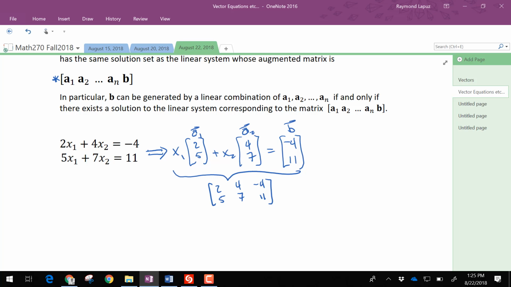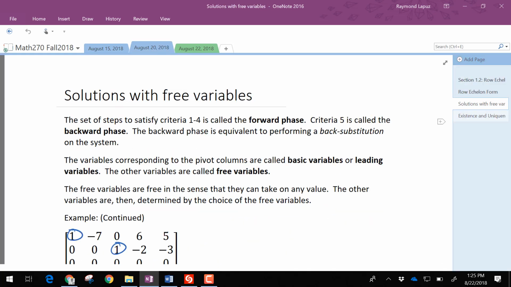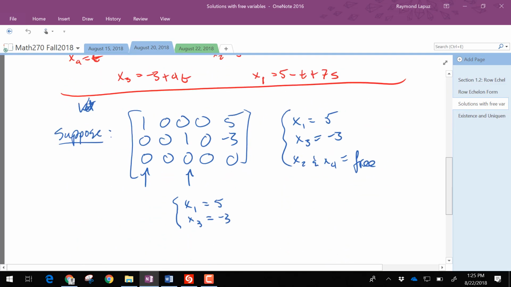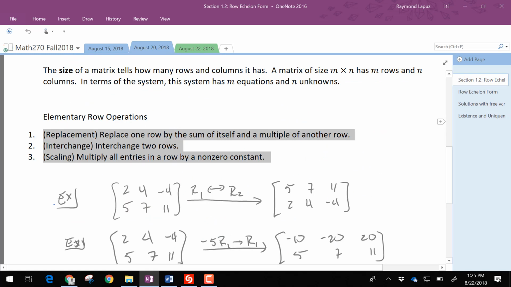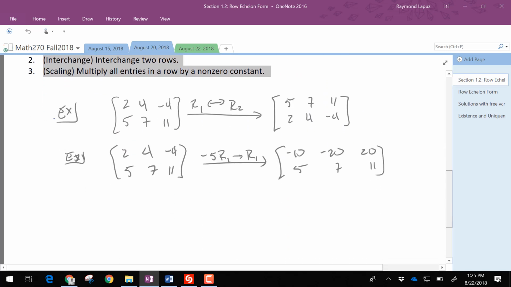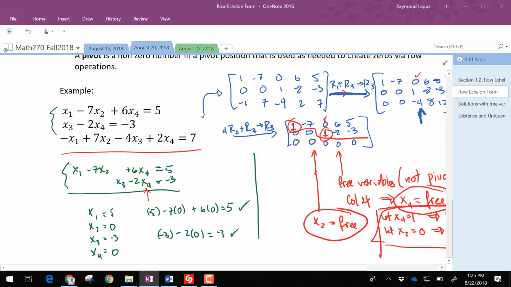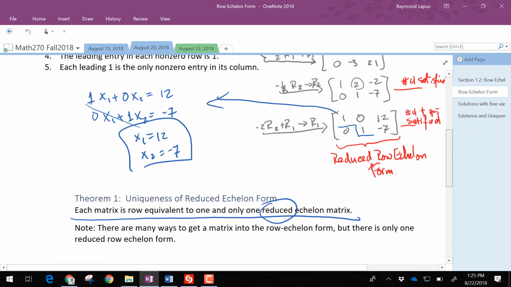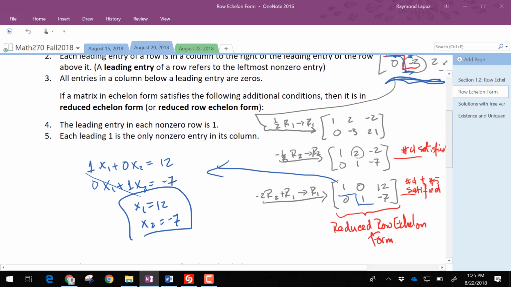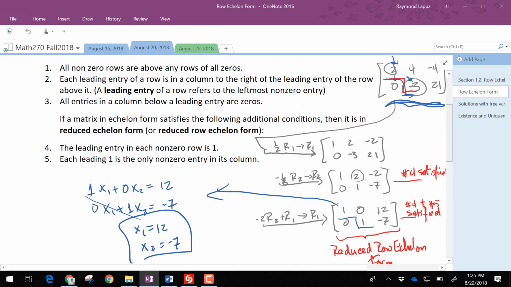Now we solved for this already. I don't want to go through the whole solution again. We solved for it already somewhere. Is this the one? Are you sure?